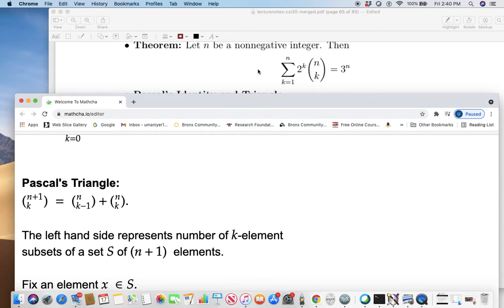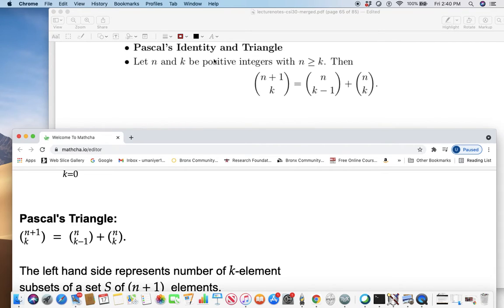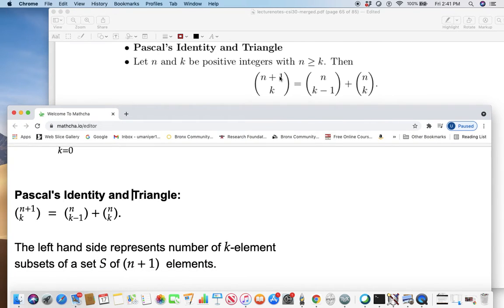Lastly, Pascal's triangle. This is a beautiful result. Pascal's identity and triangle. Okay. Let n and k be positive integers with n greater than or equal to k. Then n plus 1 choose k is n choose k minus 1 plus n choose k. This is a very important identity, but it's easy to understand if you think what n plus 1 choose k represents.